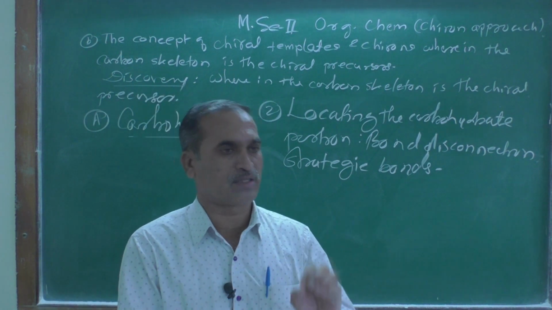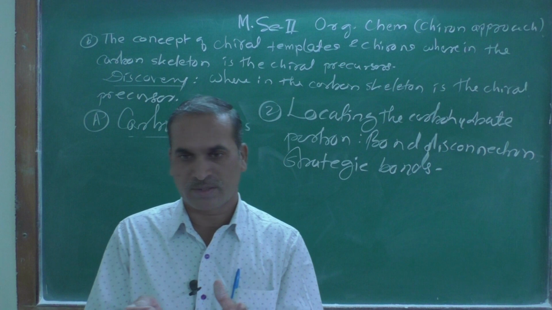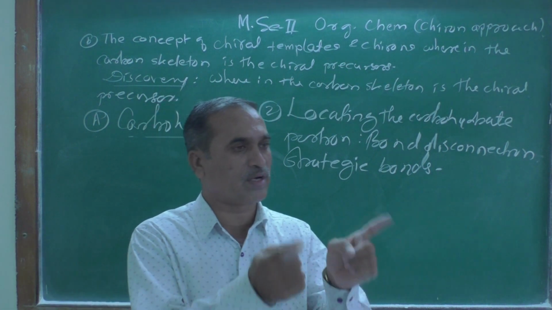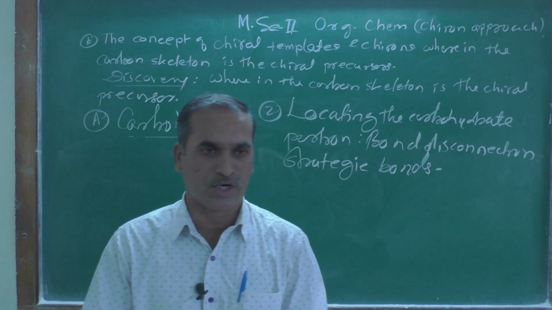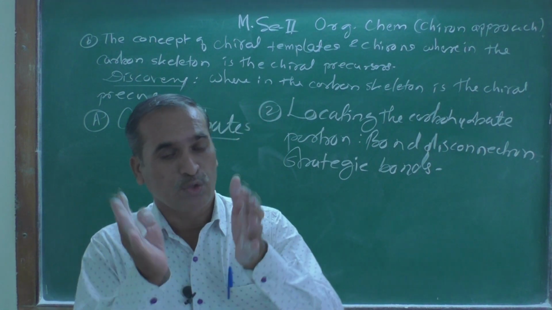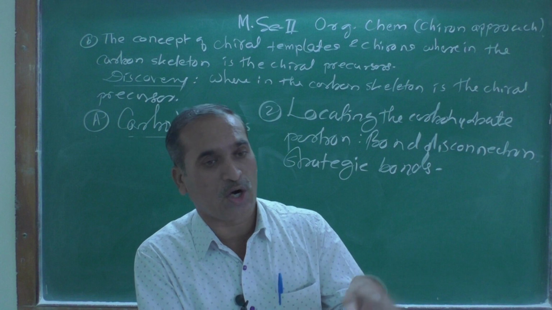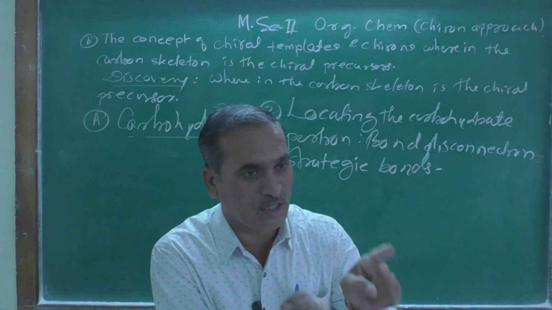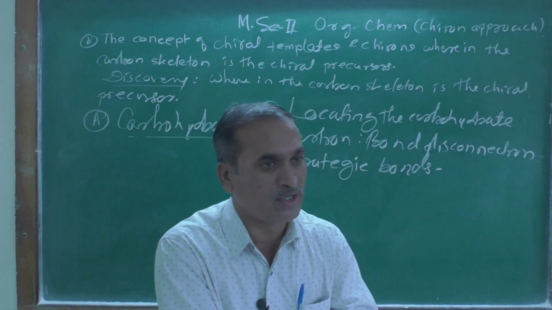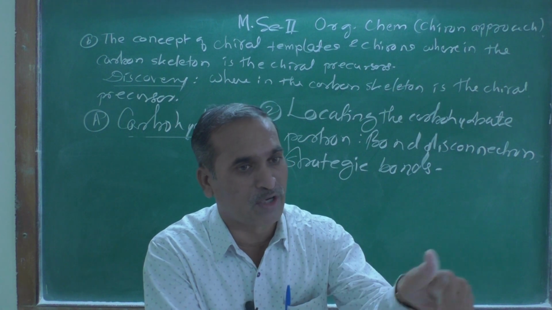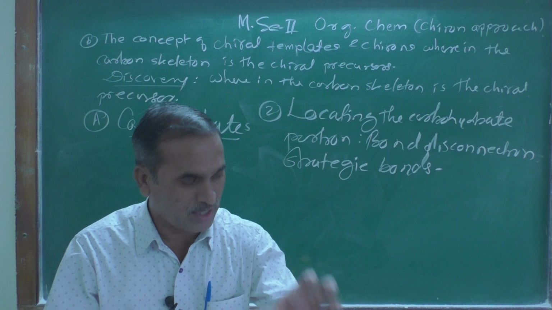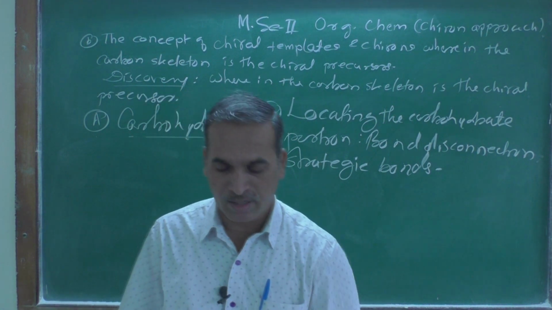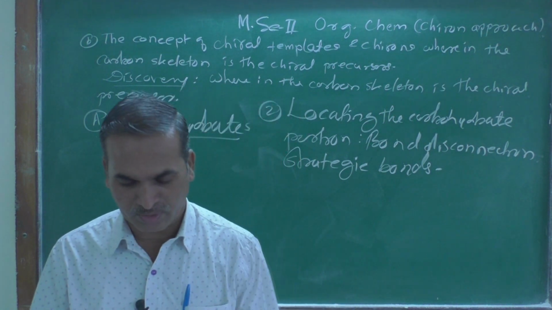So in some cases, where the carbohydrate type of symmetry is hidden or partially hidden, you may need to disconnect the bond in more than one way to reach the starting compound or the chiral precursor. You have to keep that in mind.